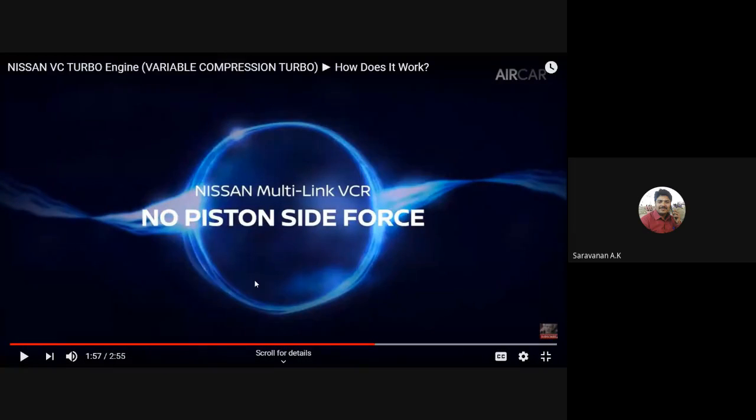It is the question, right? So there is no sidewall force acting on the VCR engines. This is an important 2-mark question for us. You can see there is no piston side force acting on the VCR engines.